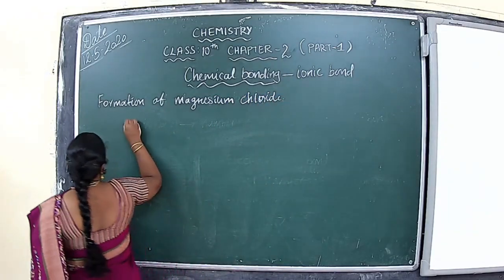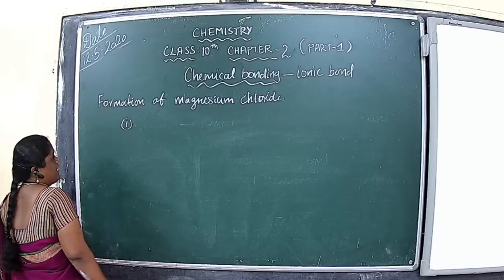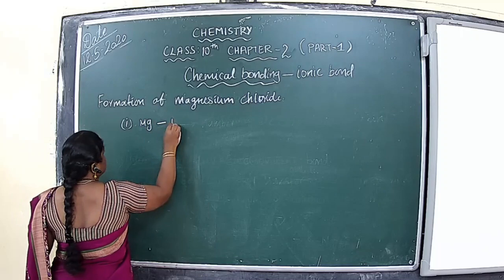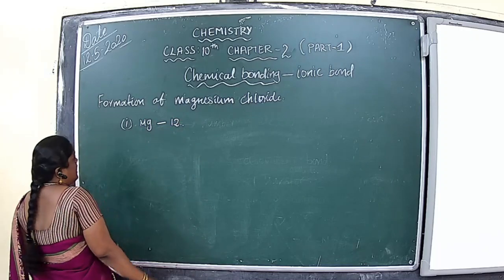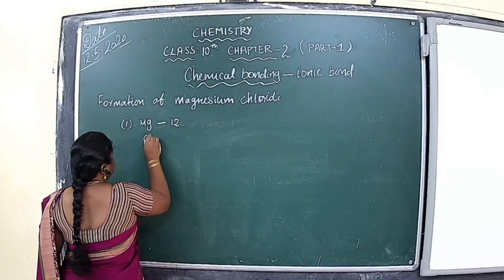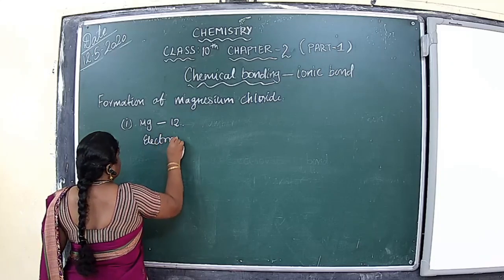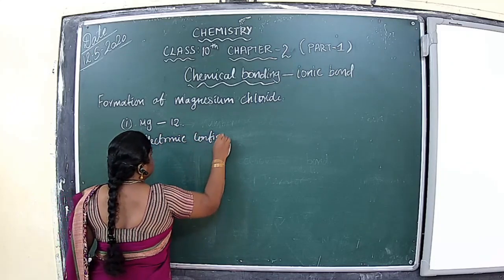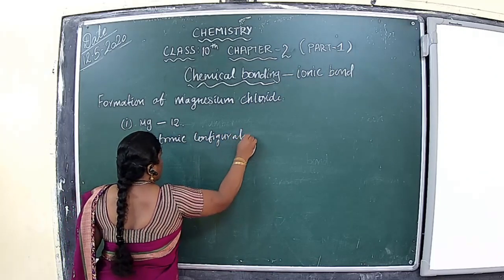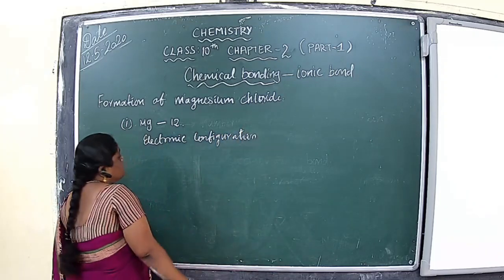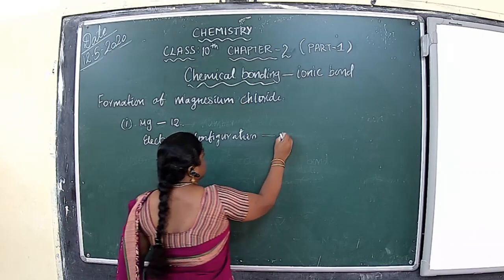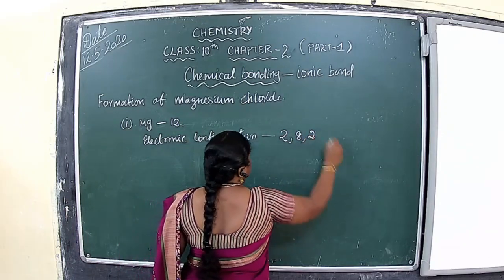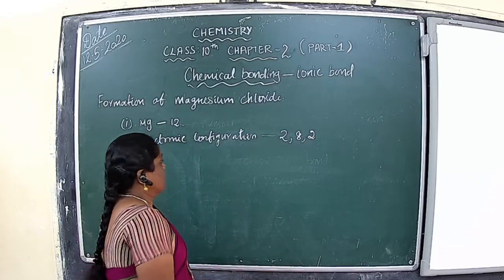We know that magnesium has atomic number 12. The electronic configuration of magnesium is 2, 8, 2.